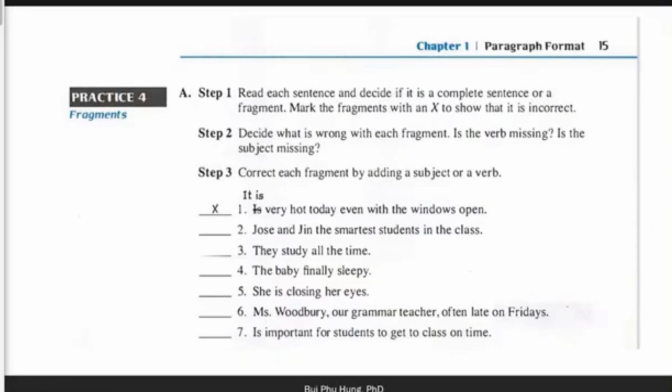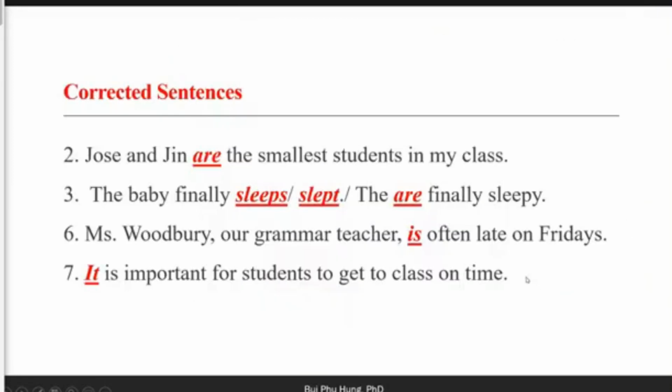How about sentence 6? Miss Woodbury, our grammar teacher, is often late. Our grammar teacher is often late on Friday. Miss Woodbury, our grammar teacher, is often late on Friday. Okay.